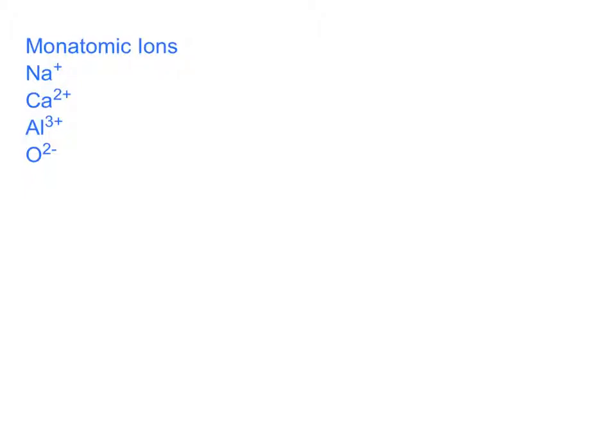However, oxygen is an anion. For any anion, the rule is that we take the end off of the normal name and we replace the ending with "ide." So oxygen becomes oxide. If you consider any other anion, and generally nonmetals form anions, consider nitrogen. When nitrogen becomes an ion, the word nitrogen becomes nitride.